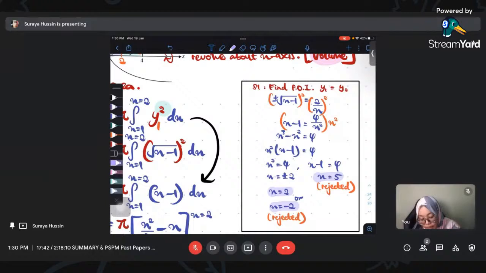Tapi kenapa reject? Sebab you kena double check guys. Bila you masukkan balik ke dalam sini, dia sama ke tidak sebenarnya? Dia equal ke tidak? So both of these numbers, dia tidak equal to each other pun. Ingat tak dulu semester 1, chapter 1, perlu recheck.